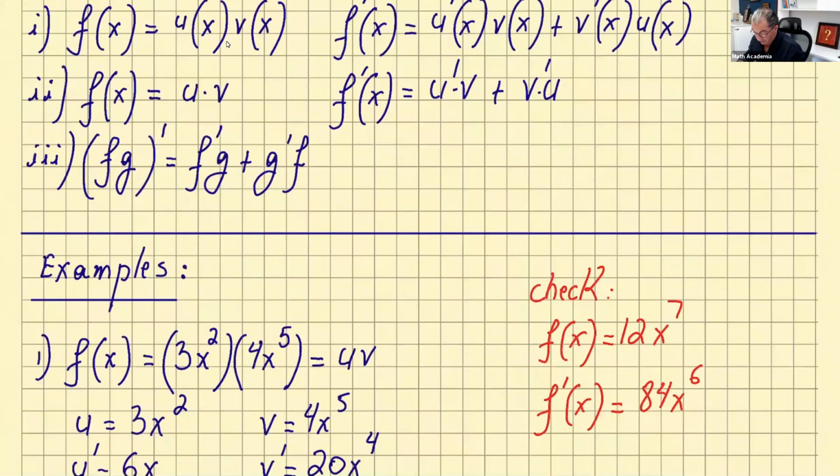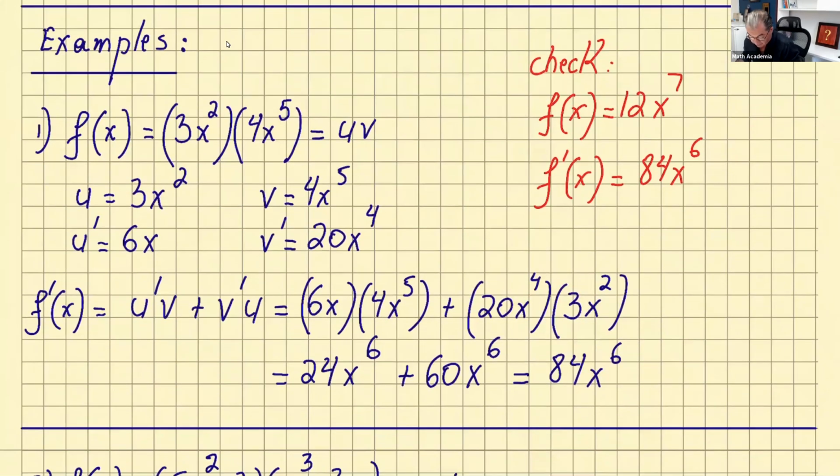Let's go over some examples so you can see this better. If f of x is 3x squared times 4x to the 5th power, so this is our u and this is our v. U is 3x squared, u prime is 6x, v is 4x to the 5th power, and v prime is 20x to the 4th power.